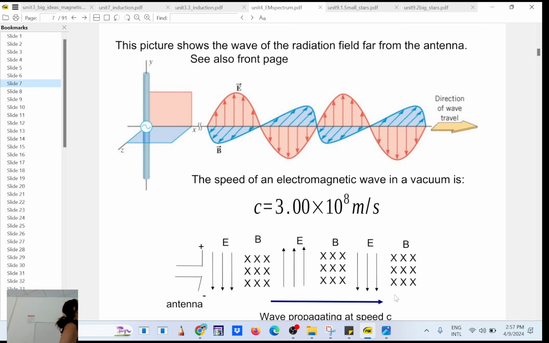So magnetic field is in the screen, yes? But this one is wrong. The magnetic field should be towards you. So very educated is up, magnetic field is towards you. I fixed it, and I don't know why it didn't save, but here you should have a dot. Is that clear? So very educated beaver. Don't ask me why, just.